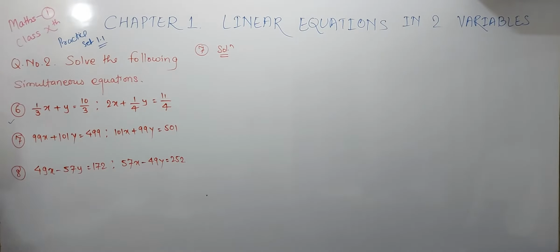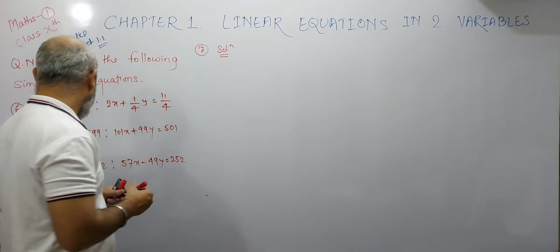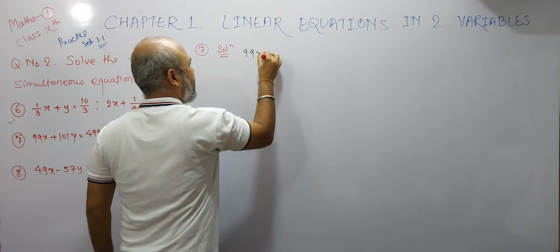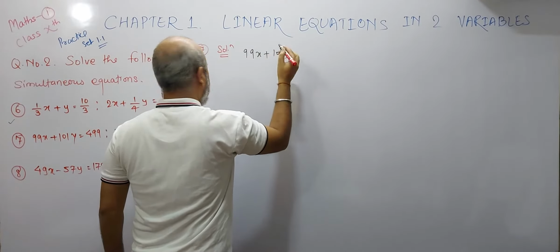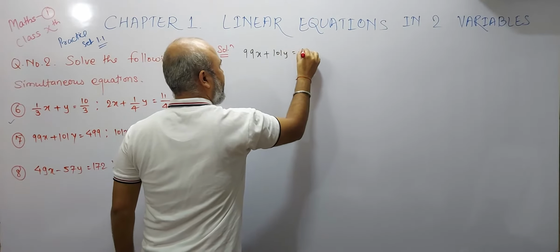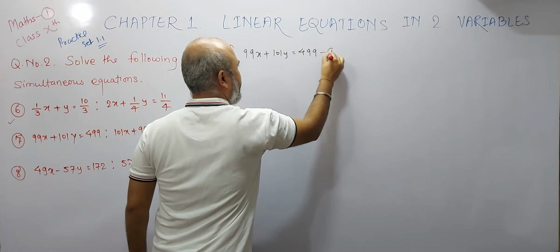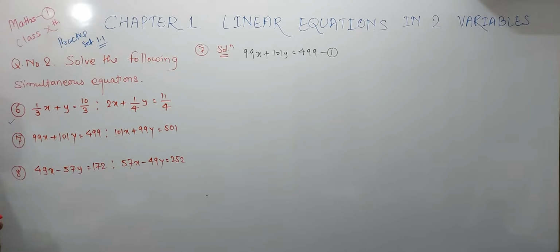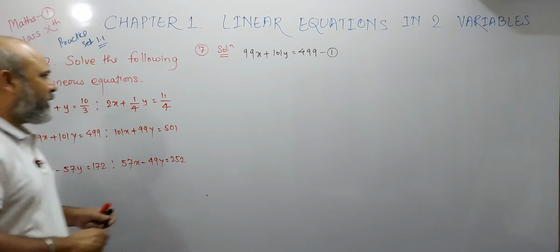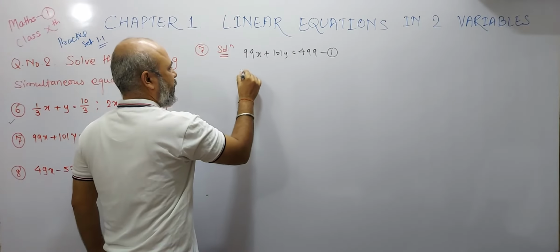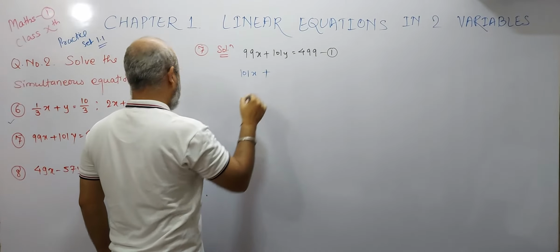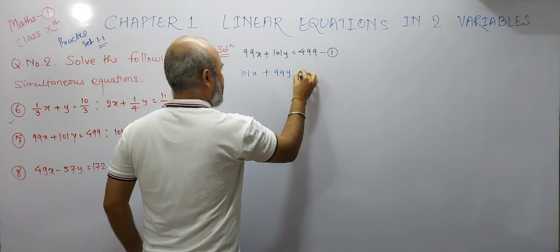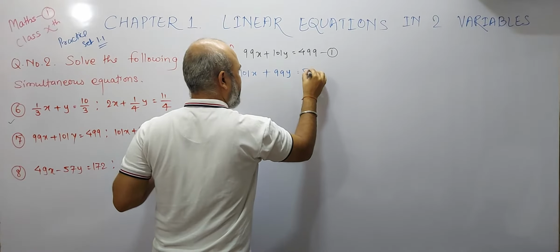First you will write the equation, that is 99x plus 101y, and this is equal to 499. So this is equation number 1, and equation number 2 is 101x plus 99y, and this is equal to 501.